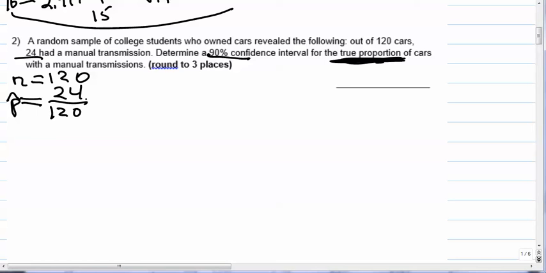24 had a transmission that was manual. We had 120 in our sample, so that proportion was equal to 0.2. That tells us q, which represents the opposite, would have to be 1 minus 0.2, which is 0.8.